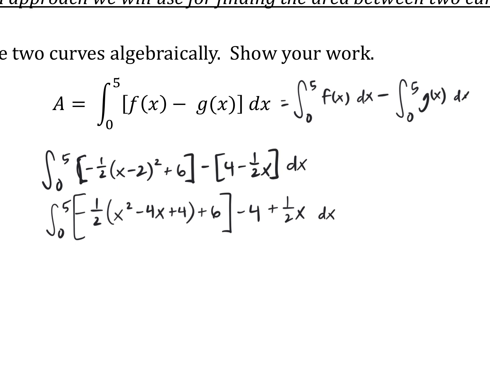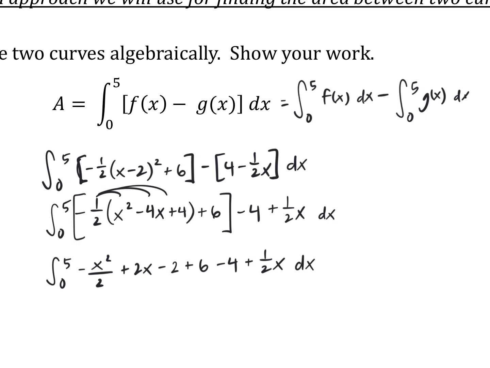So now I can distribute, and then I can simplify, combine my like terms. So I've got from 0 to 5 of negative x squared over 2 plus 2x minus 2 plus 6, and then minus 4 plus 1/2 x.